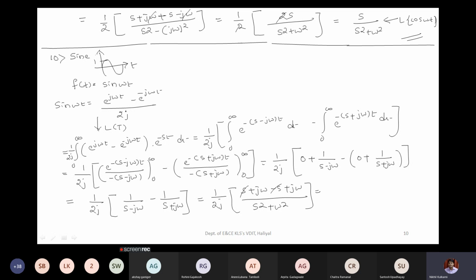You will be left with 1 by 2j into 2 times j omega divided by s square plus omega square. This 2j and 2j will cancel out. This will give us omega divided by s square plus omega square. Okay, so this is the required result. Okay, following this? Yes, sir. Okay.